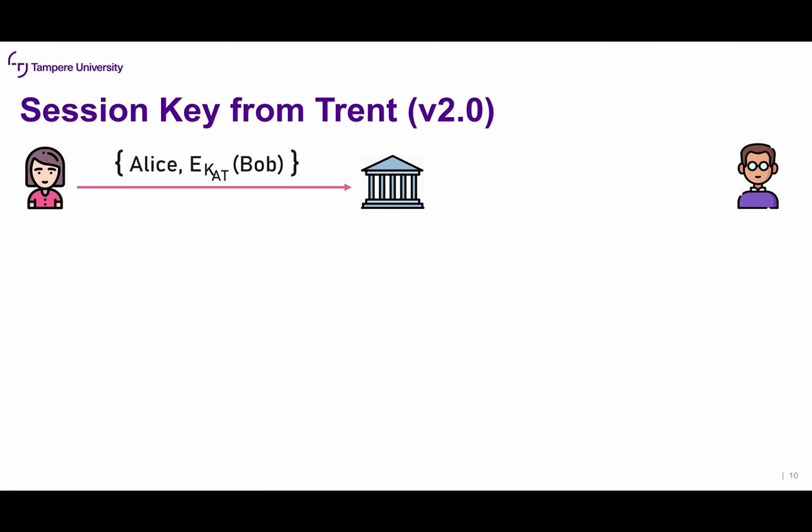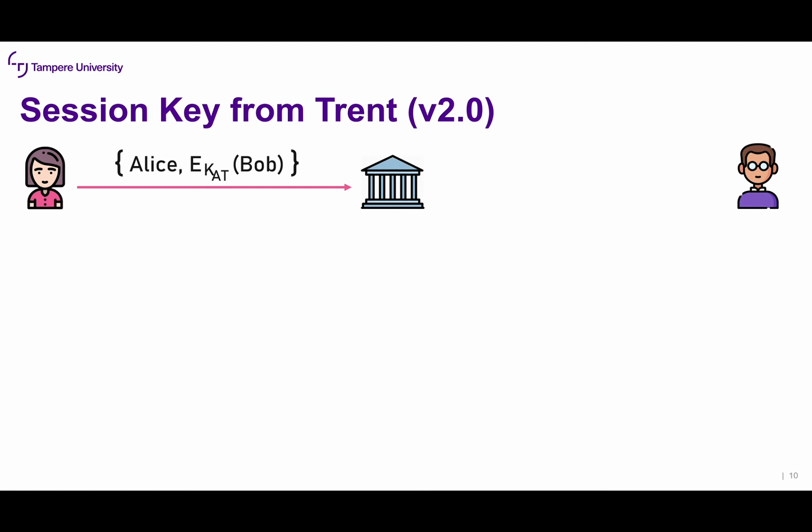Again, Alice contacts Trent saying, "Hello, I'm Alice and I would like to communicate with Bob." However, this time Bob's identity is encrypted with KAT, the key that Alice shares with Trent. Good.